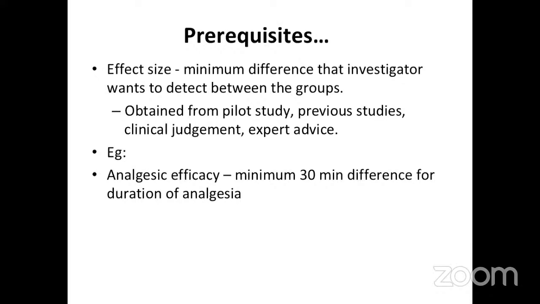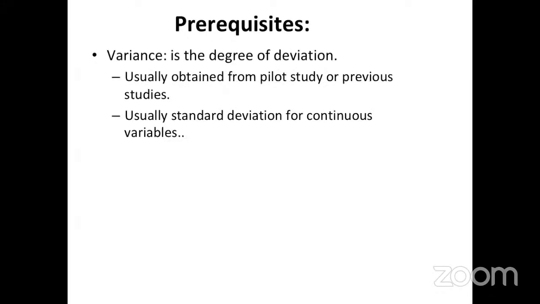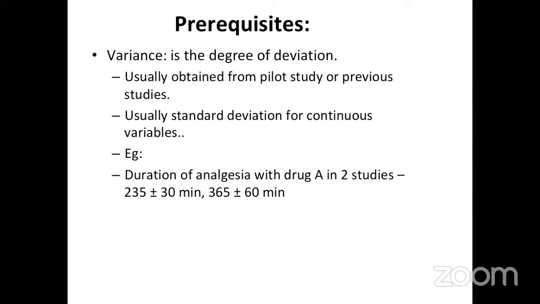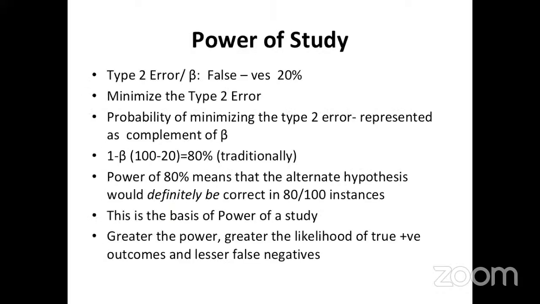And subsequently, the degree of variation, again, it can be obtained from a pilot study or previous studies, or usually it is the standard deviation for continuous variables whenever you are using mean and standard deviation. And this variance is not required when you are using proportions. For example, PONV, percentage of PONV in group A and group B, when you're trying to compare for calculation of sample size, you don't require this variance.